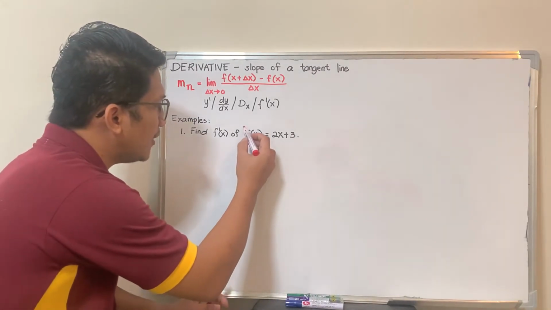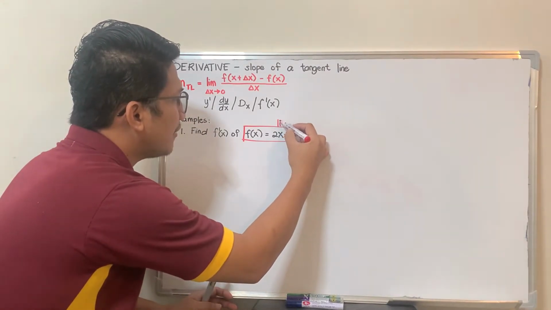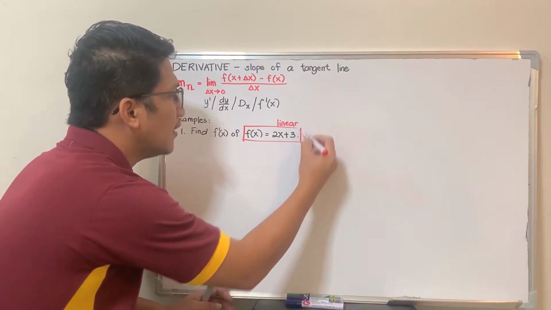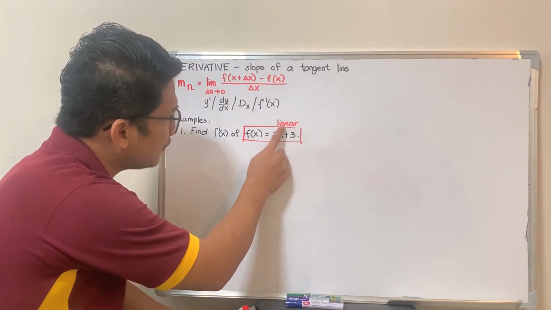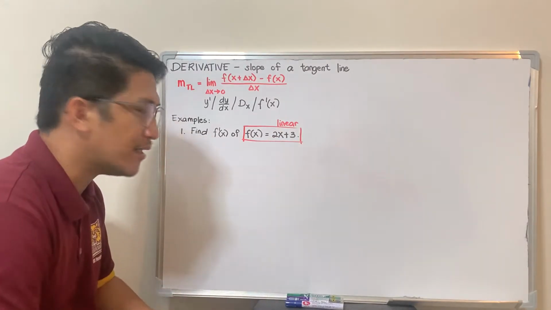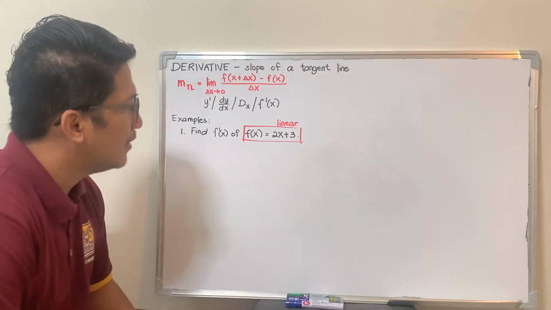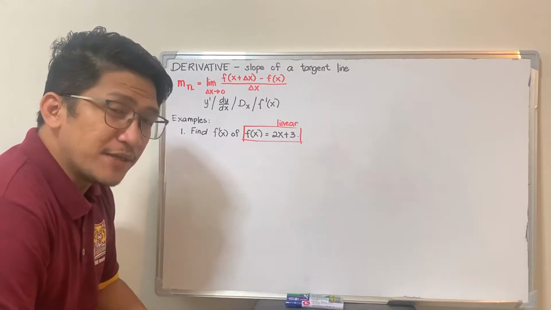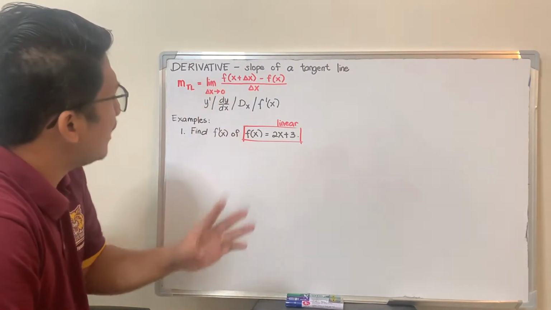Remember, guys, this function is a linear function. So if it is a linear function, remember, it's a line. From the first 4 letters of the word linear is line. The graph of this function is a straight line. So there's no need to use the derivative.